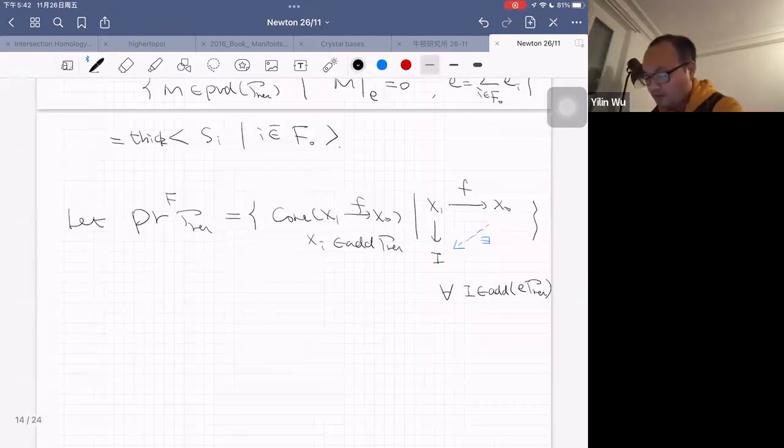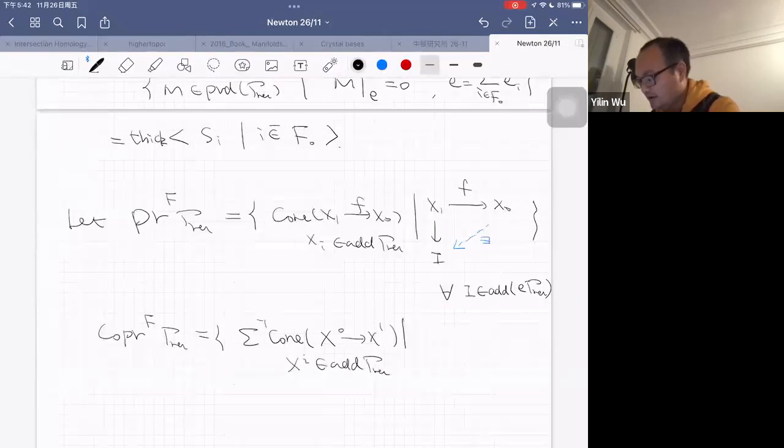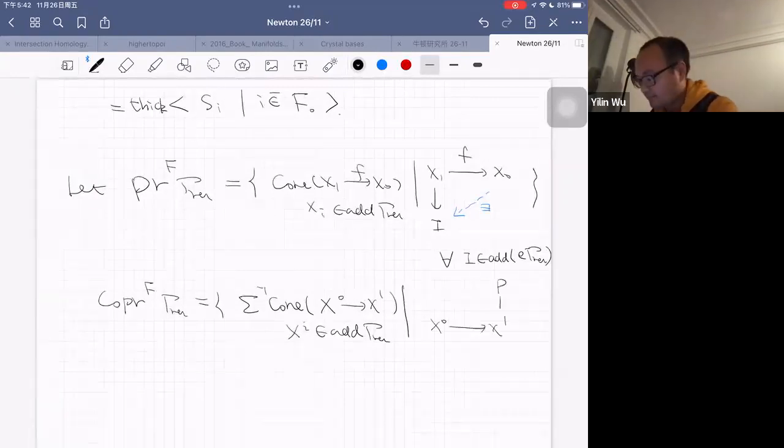Dually, we define the co-presentation category. It consists of shifted cones, with objects also in add Gamma relative, and we also require these dual properties for each object P in this additive category.